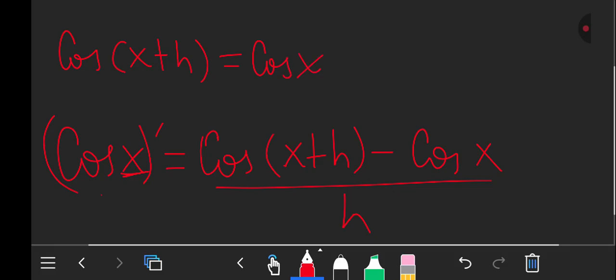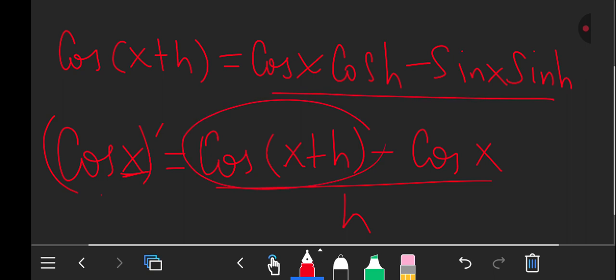Cos is selfish, so it will take first all of them, both x and h, so it will be cos x, cos again, cos h. You see that cos is selfish, right? Then we are going to interchange where there's plus, we'll put minus, then sin x, sin h. Okay, so this is what we are going to substitute there.